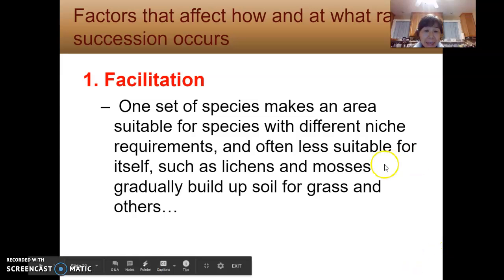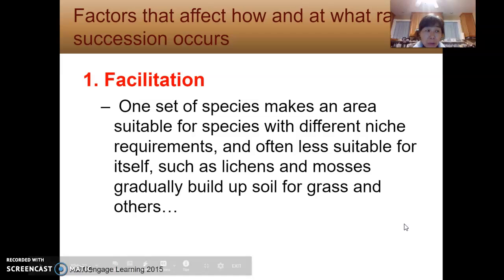You started with lichens and mosses, and then gradually they produce soil which is not good for them, but good for little herbs, grass, and shrubs. So they help to facilitate the future species to grow.